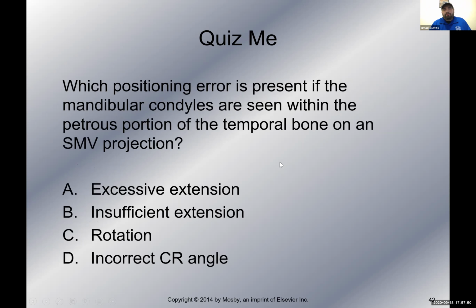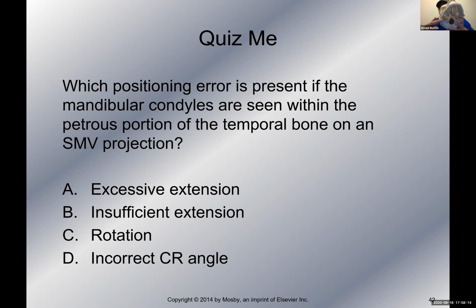Which positioning error is present if the mandibular condyles are seen within the petrous portion of the temporal bone on an SMV projection? Remember, petrous portion holds the mastoid area. So if you see the mandibular condyles in that petrous portion or the mastoid area, what happened? Okay, here is my normal SMV. Here are my mandibular condyles, right? Here's my petrous portion.